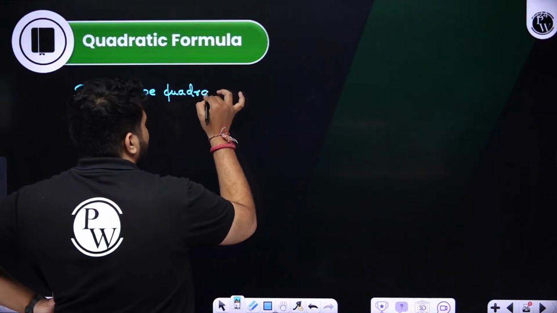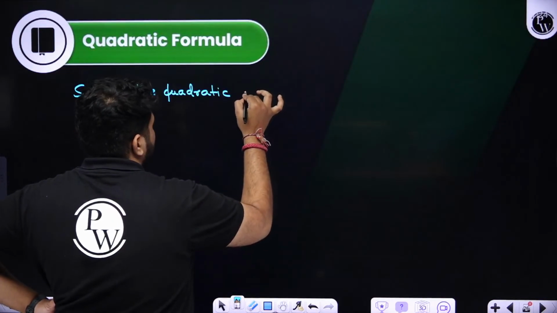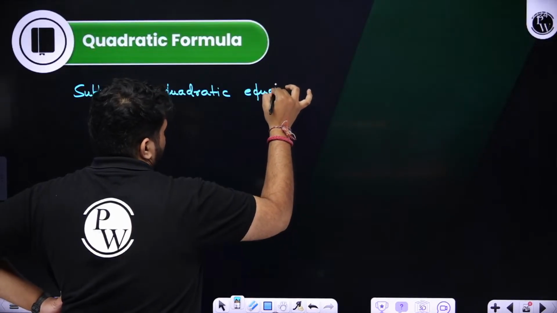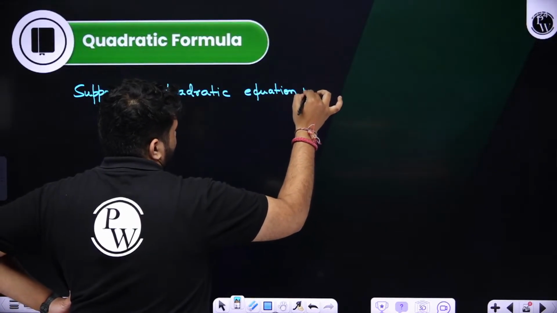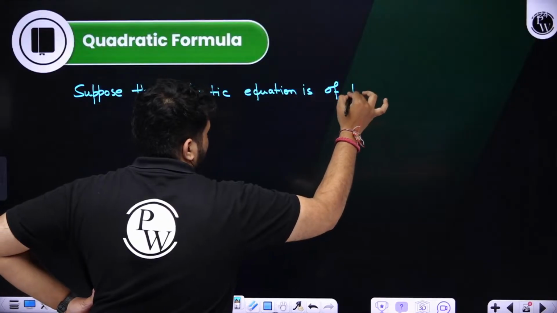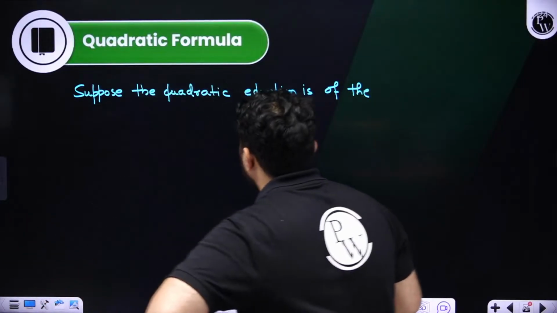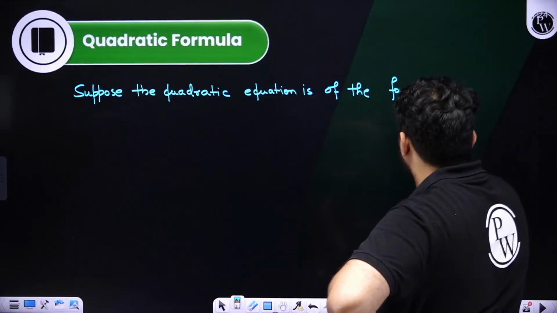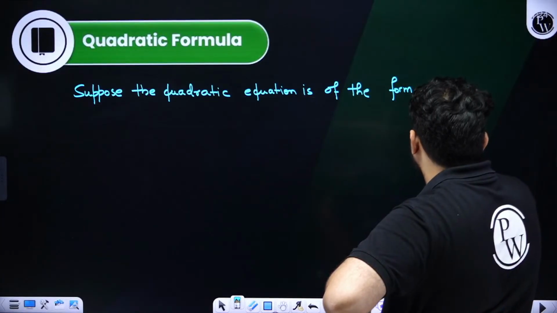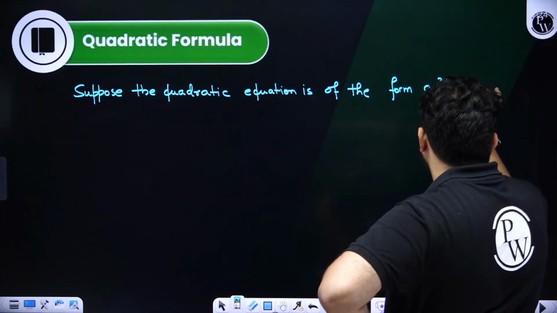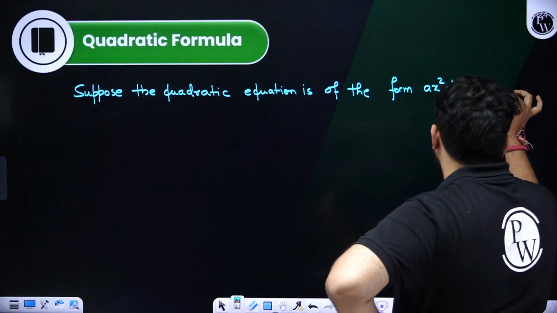Suppose the quadratic equation is of the form ax square plus bx plus c is equal to 0.